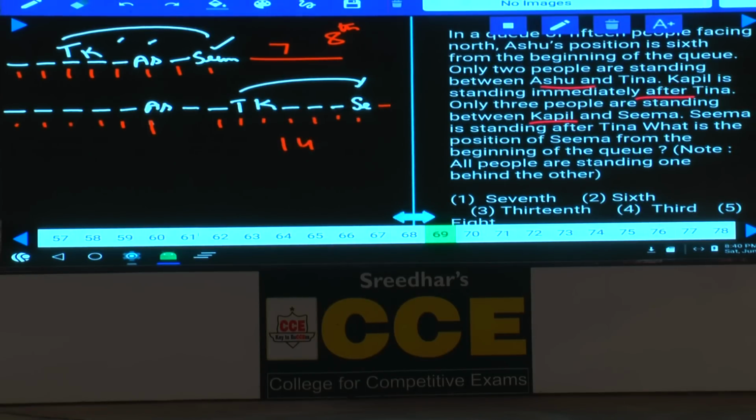Now Seema is 14th from the beginning. What is your answer here? Either 8th or 14th, so it cannot be determined is the answer actually here.